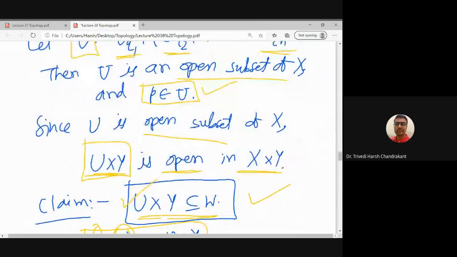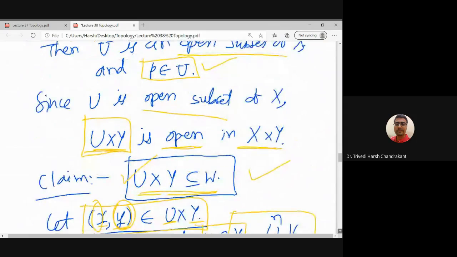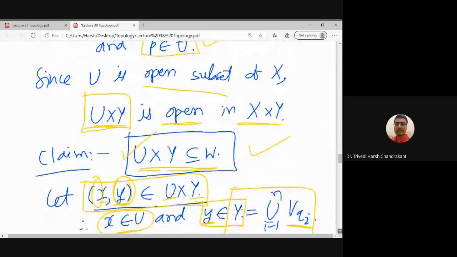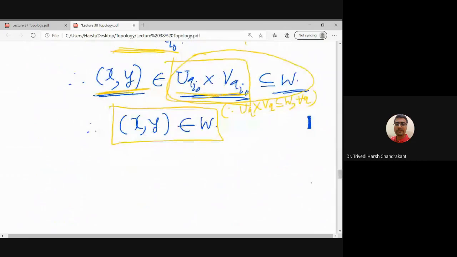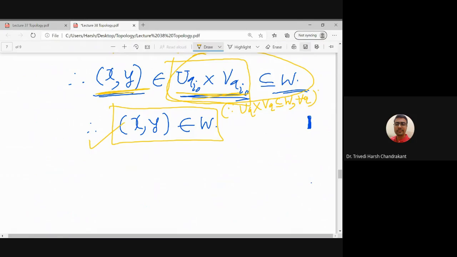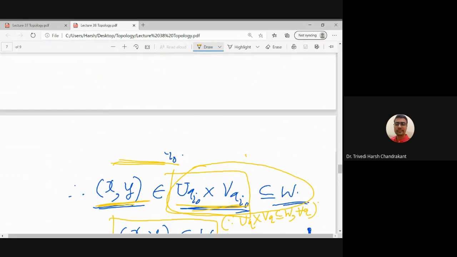Our claim is that we started with any element (x, y) in U cross Y, and we wanted to prove (x, y) belongs to W. That is what we proved here. Therefore, the claim is proved, and that will prove this particular lemma, which is known as the tube lemma.